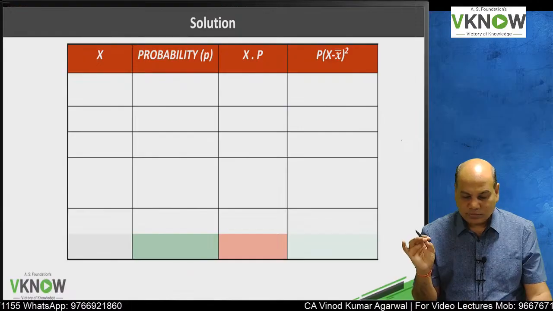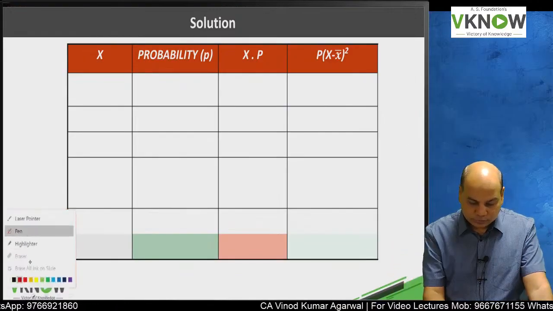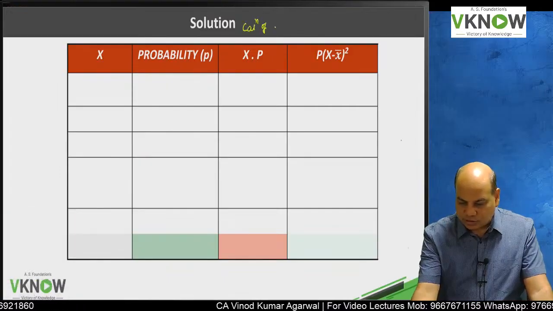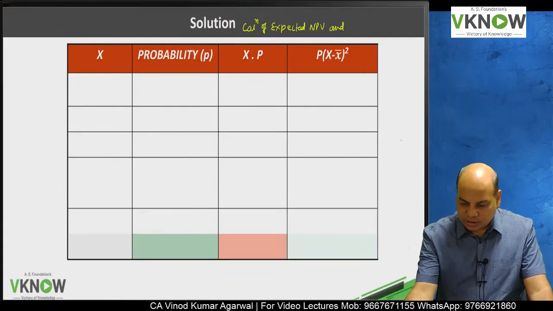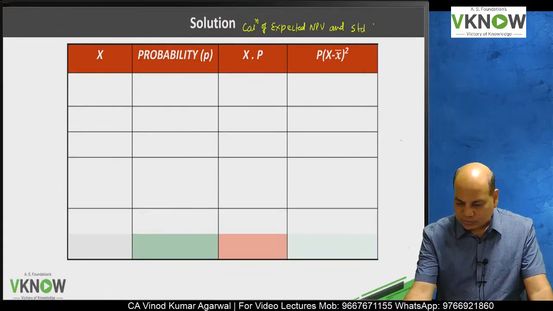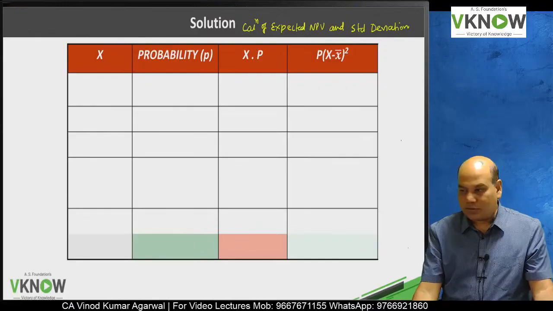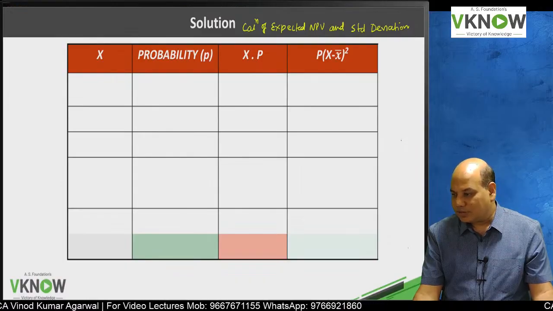Please write down the calculation of expected NPV and standard deviation. In the previous problem, both were directly given.